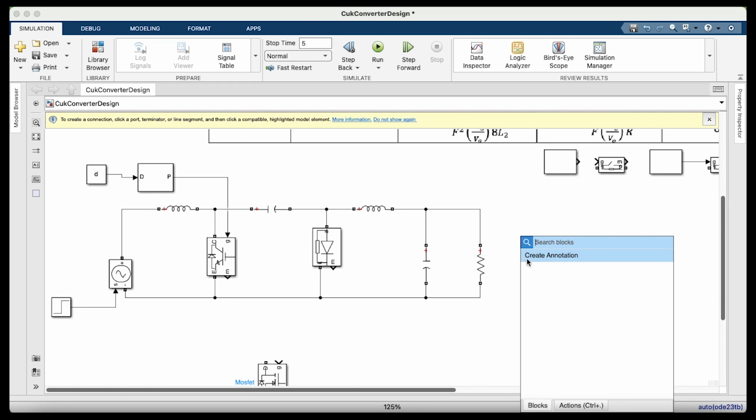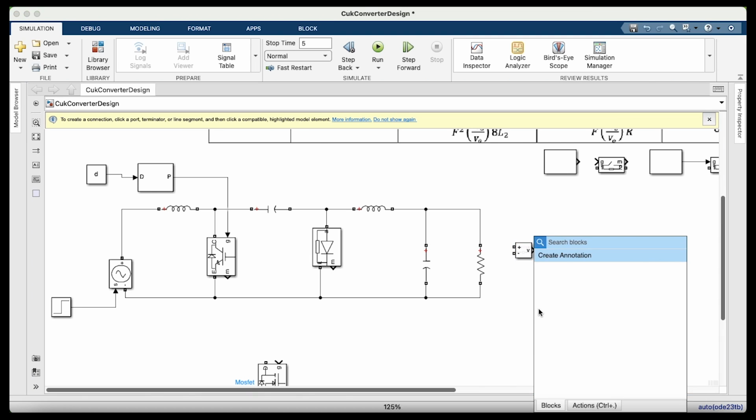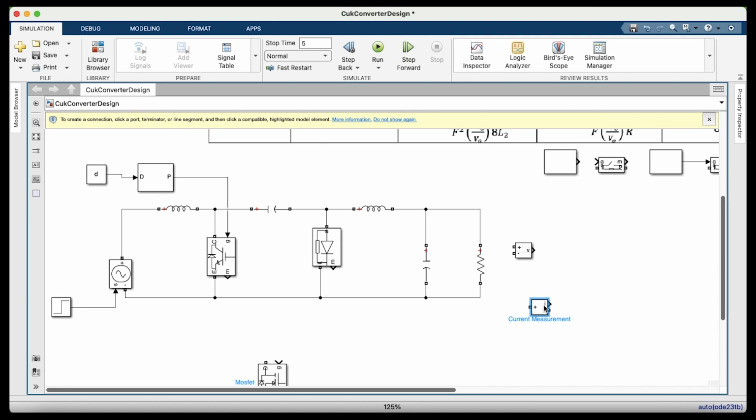Now we need to connect the scope across the resistance. I choose the voltage measurement and the current measurement. To calculate the current through this resistance, the ammeter is connected in series with the load, and the voltmeter is connected in parallel with the load resistance.